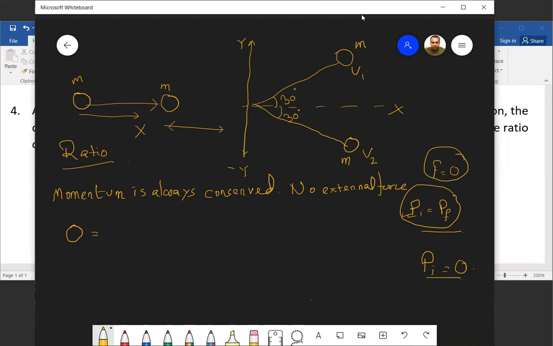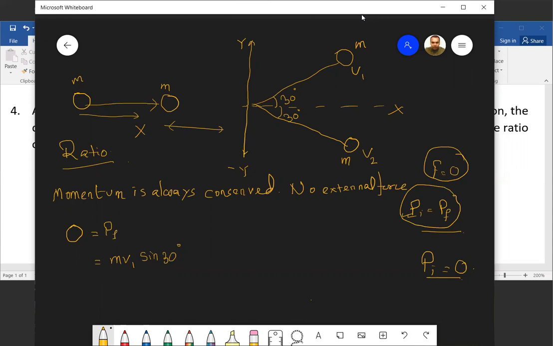Let me write the final momentum as PF. So what will be the final momentum? Final momentum will be m v1 times sine of 30 degrees, this perpendicular component. And there will be another component of momentum which will be vertically downward.